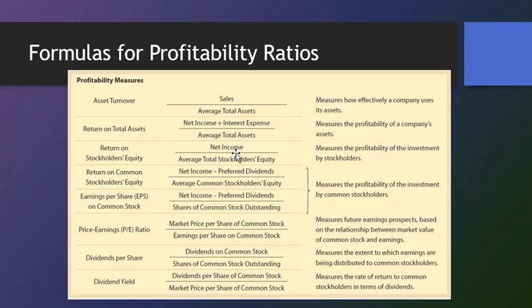Return on equity, we're looking at net income and stockholders' equity. Same thing with return on common stockholders' equity. Interestingly, the price to earnings ratio, often called the PE ratio. In this one, we actually look at the market price of the common stock. So that means you're going to have to go to a financial website and see what the stock is trading for at any given moment, and divide that by earnings per share, and that gives us the PE ratio.